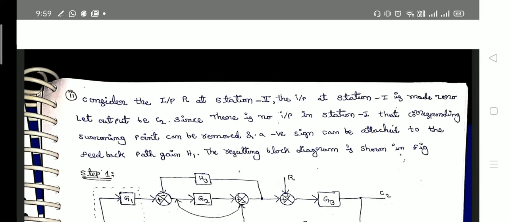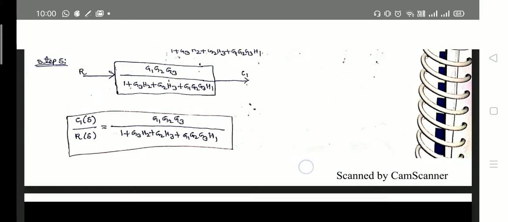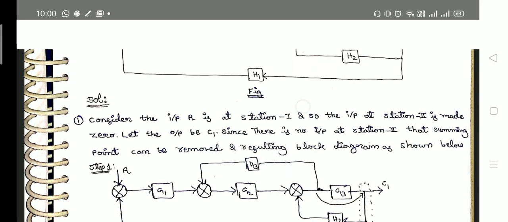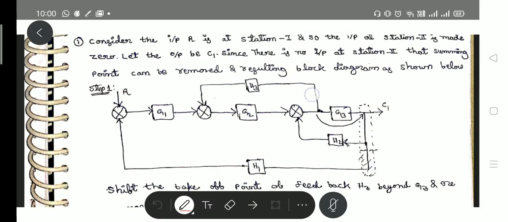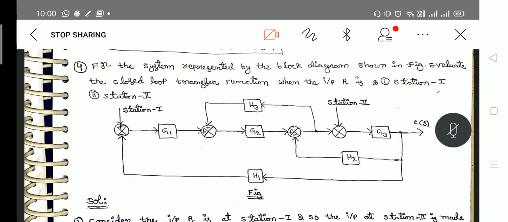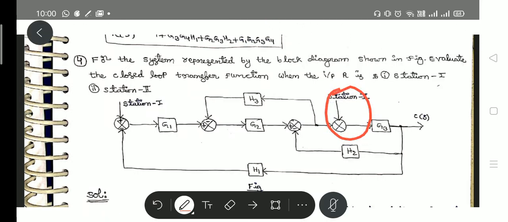Going to case 2. In case 2, we consider station 2 and eliminate station 1.